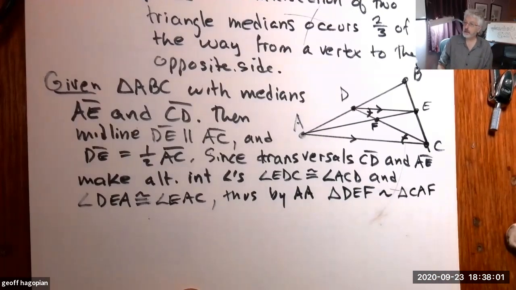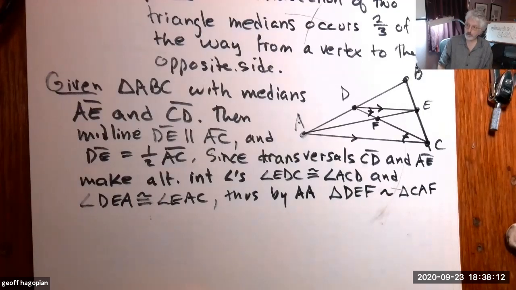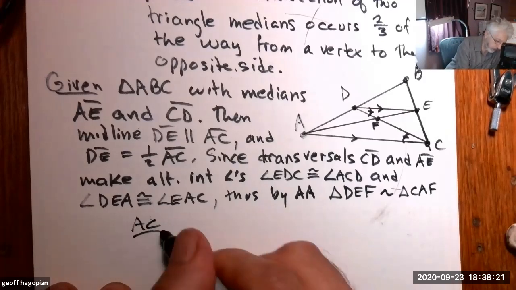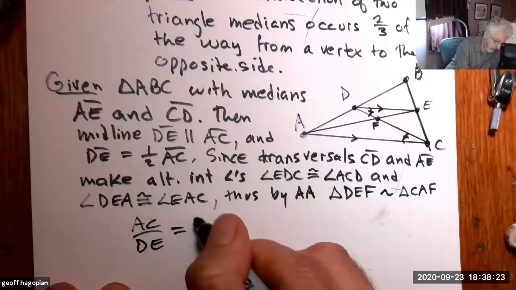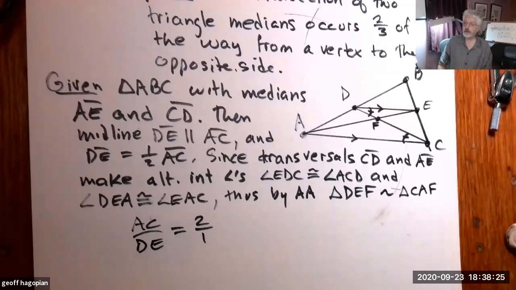And we know that the proportions are then the same, right? So we know that the proportion of AC to DE is in the proportion of 2 to 1, right? Because DE is half of AC.